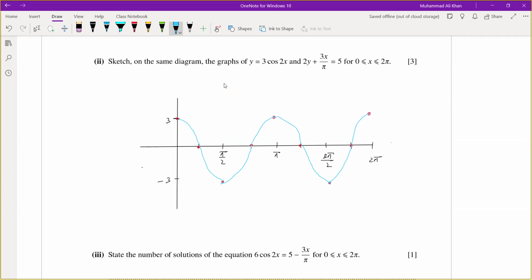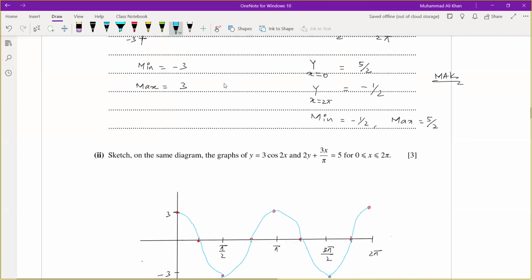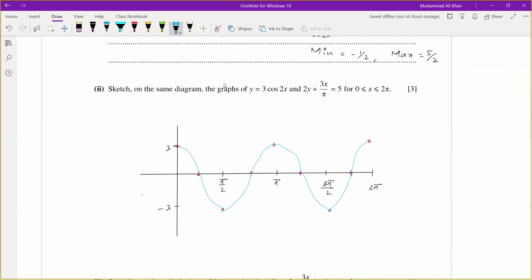What was the minimum value of the line? When x is 0, the minimum value is minus half. Minus half is somewhere here. And when x is 2 pi, the value is 5 upon 2, somewhere here, 2.5.